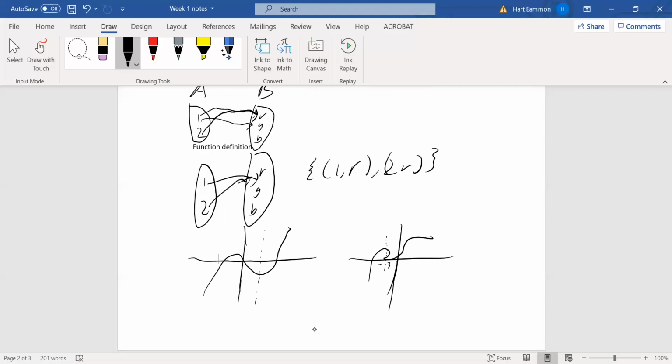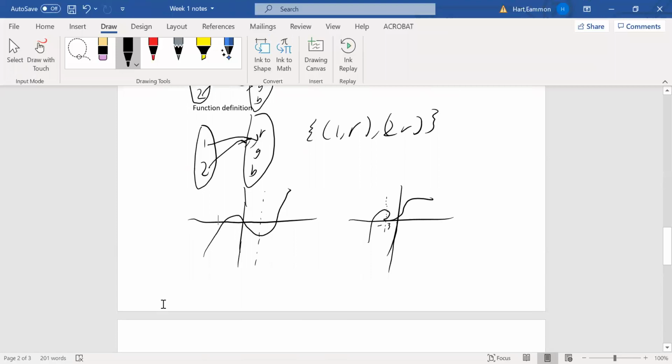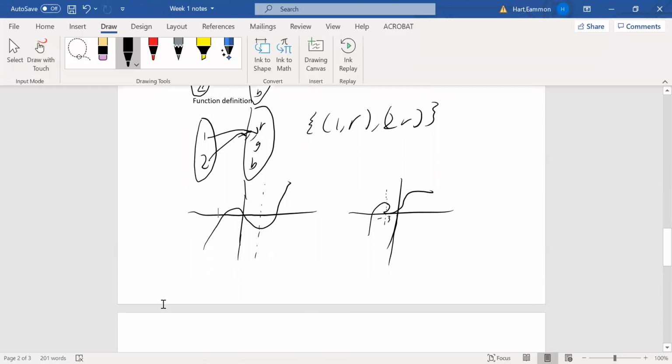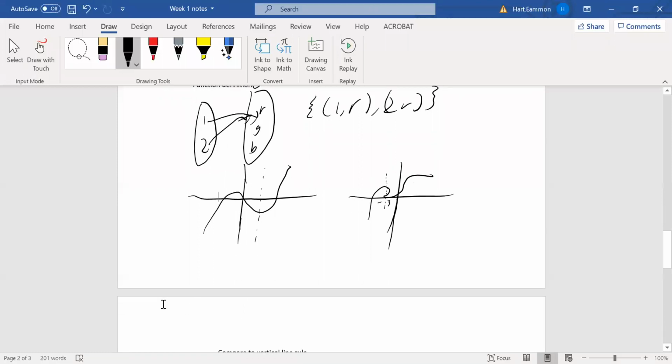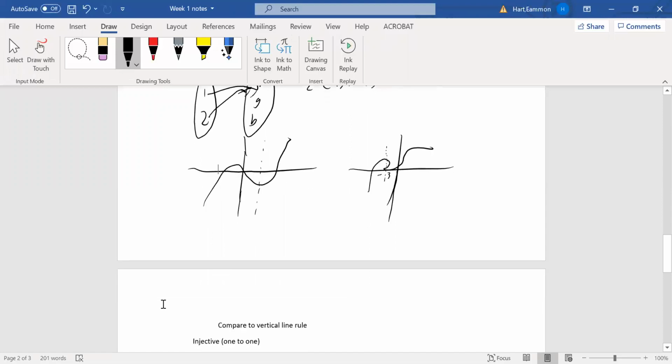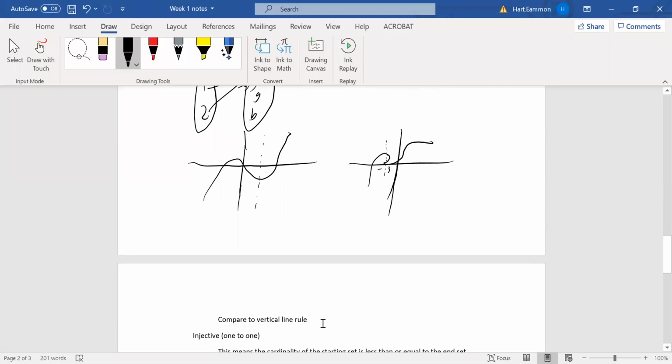If we have one thing in our domain that maps to multiple things in our range or codomain, then we know that this is not a function.